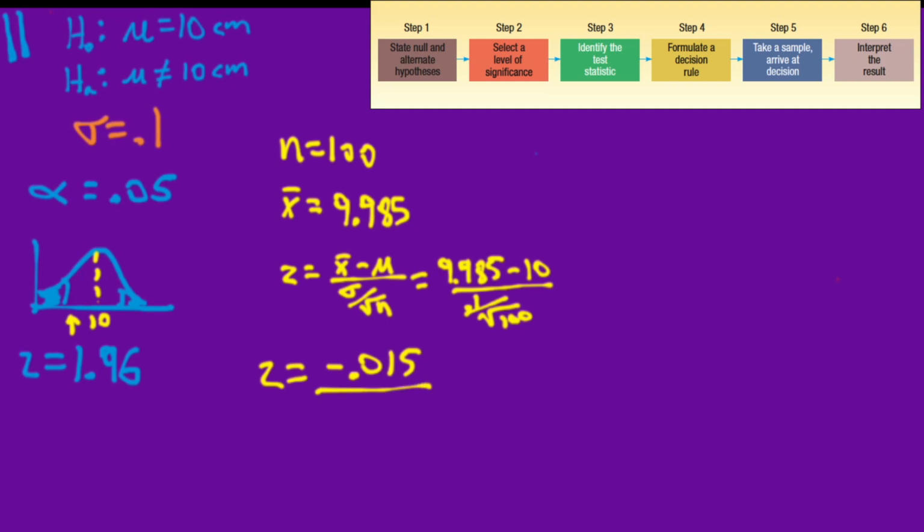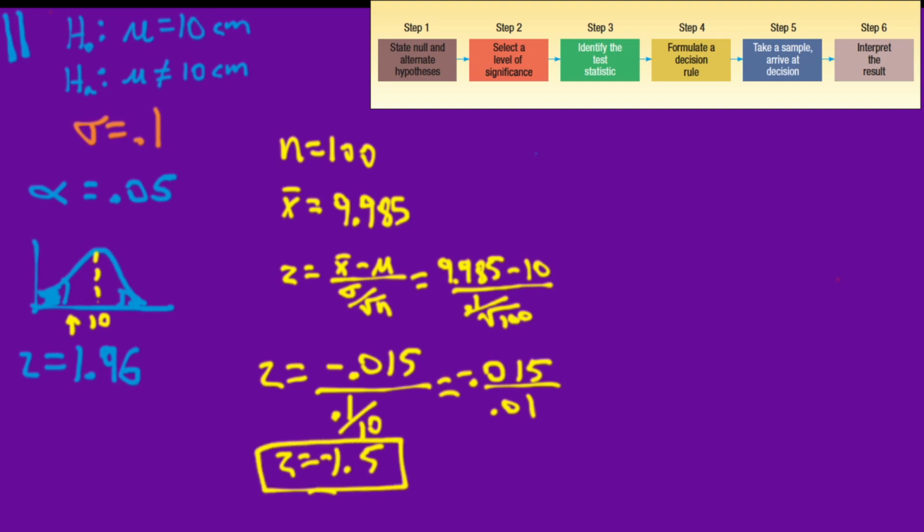And what do we get down the bottom? That's 0.1 over 10, so 0.01. So negative 0.015 over 0.01, and we get a z-score of negative 1.5. Okay, so it is 1.5 standard deviations below the mean.